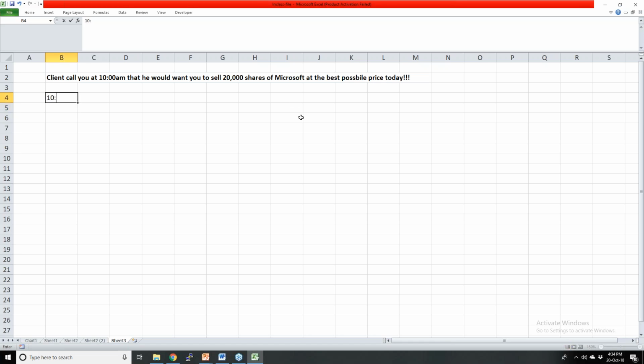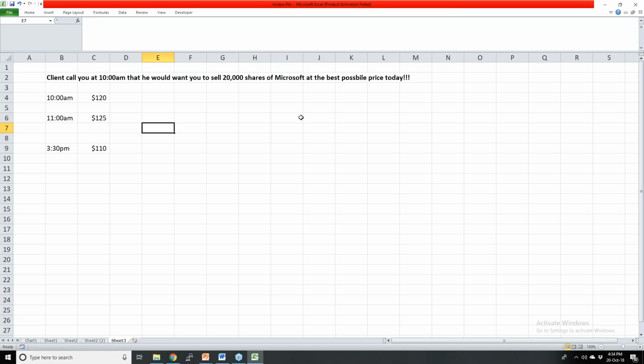So let me create a scenario. At 10 a.m., the price of Microsoft is, say, at $120, and say it ends at 3:30 p.m. at, say, 110. And then in between at 11 a.m. it went to 125.